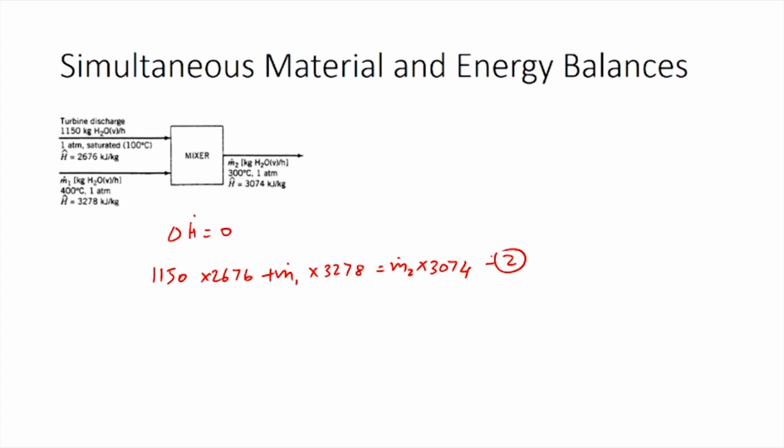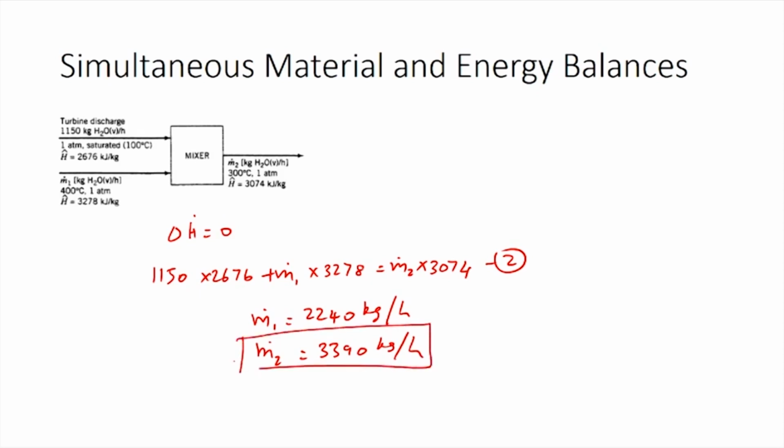Using the material balance and this equation, we can solve them simultaneously to get m1 dot and m2 dot. So, m1 dot would be 2240 kilograms per hour and m2 dot would be 3390 kilograms per hour. m2 dot is the mass of the final superheated steam which is produced from the mixer. So, 3390 kilograms per hour of superheated steam at 300 degrees Celsius is produced from this mixer.